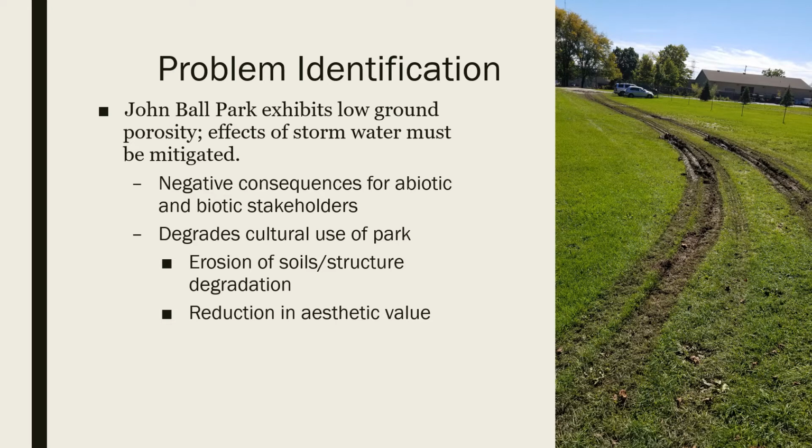The stormwater that enters the site through rainfall and from influx from surrounding areas has negative consequences for both abiotic and biotic stakeholders, in that any of the rainwater that falls on the site collects potential surface pollutants, particulate matter, trash, and because the surface is impervious in most of the areas of the park, the large majority of that water ends up in different Grand Rapids stormwater drains, city sewer drains that are on the premises, which ultimately, after treatment, end up in the Grand River.